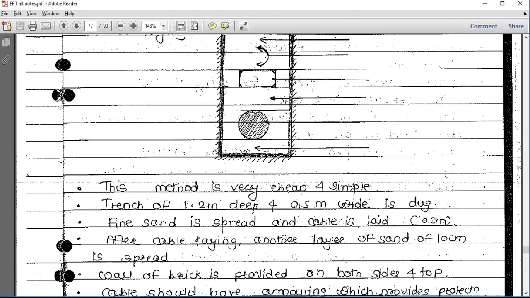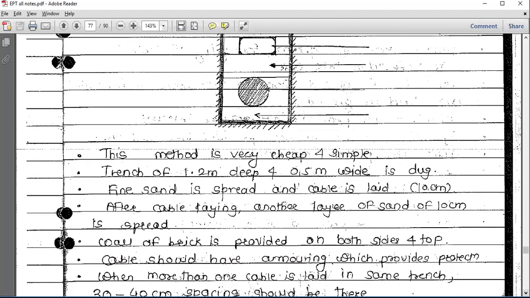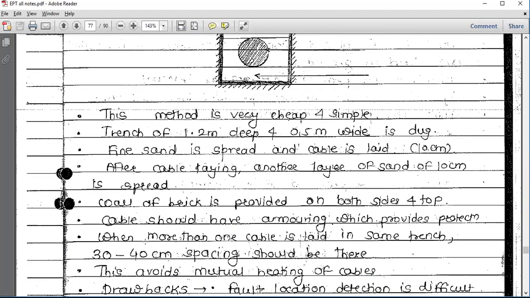That means here on the left side as well as the right side, you have to build a wall with the help of bricks on both sides as well as at the top of the cable. Then the cable should have armor ring which provides protection. Armor ring is nothing but it will provide protection against mechanical damage.